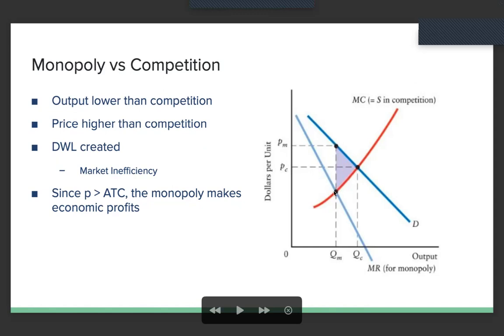So monopoly actually has a lower output than perfect competition, or the competition in general, and a price higher than the competitive market, because we're not producing at the equilibrium price anymore. We're producing at MR equals MC, because a monopoly wants to maximize profits. And therefore, the market is inefficient because we have a deadweight loss. We lose some of the surplus in the economy.